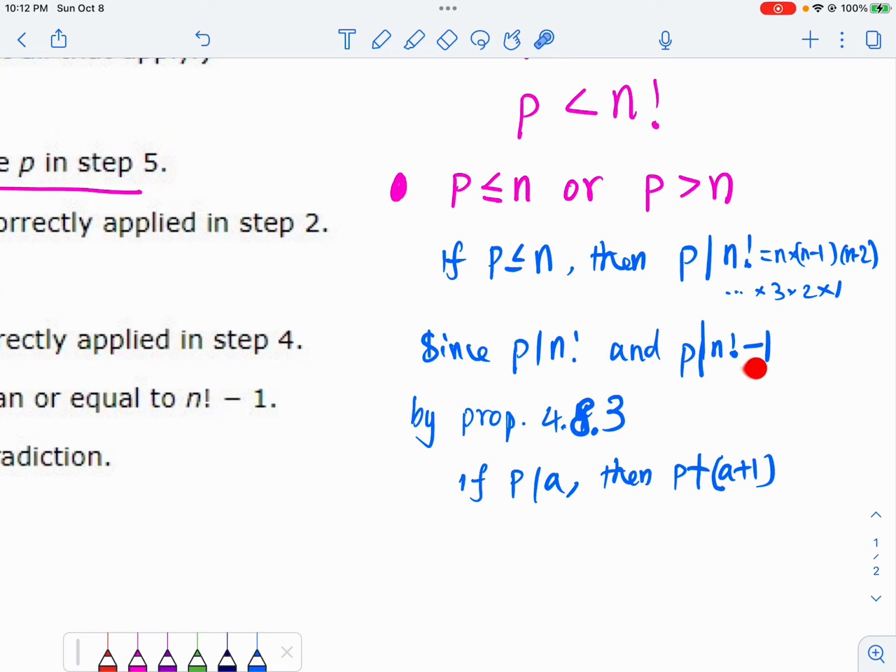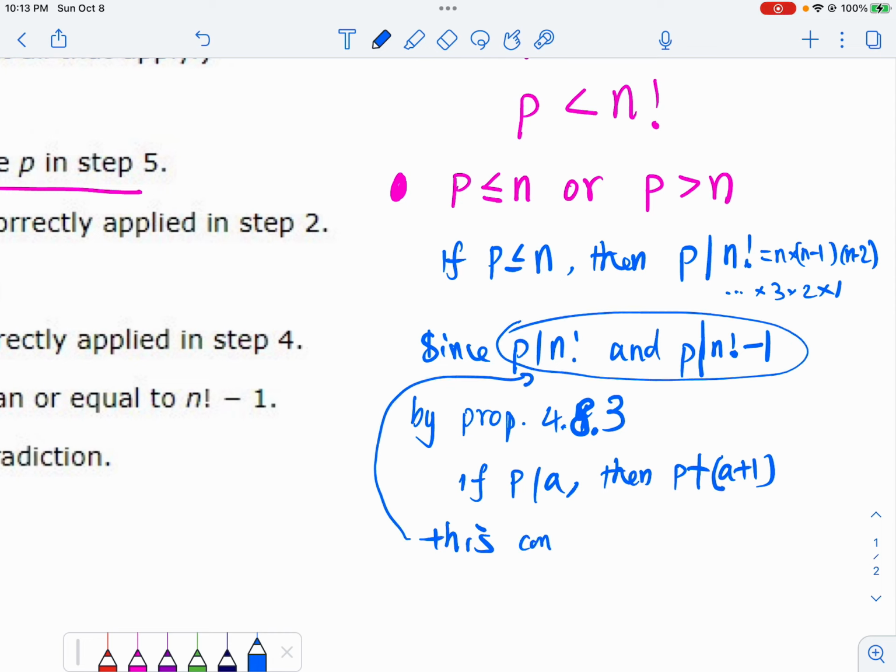If p divides this guy, p should not divide one more than that guy, which is n factorial. So these two facts contradict proposition 4.8.3. Okay, so that means this cannot be true.